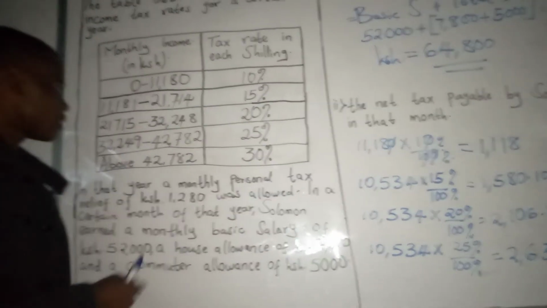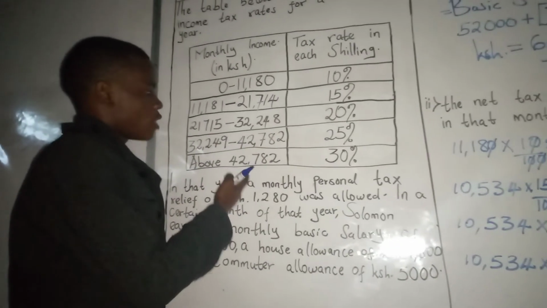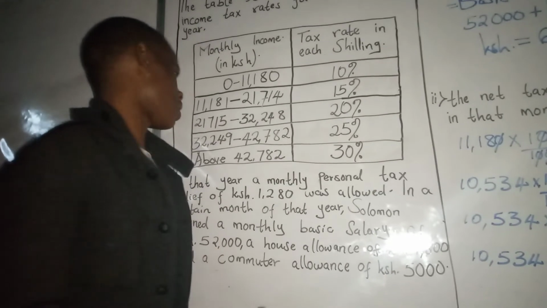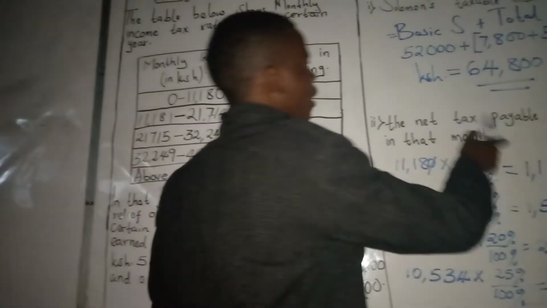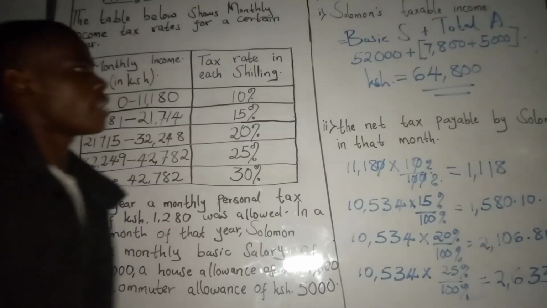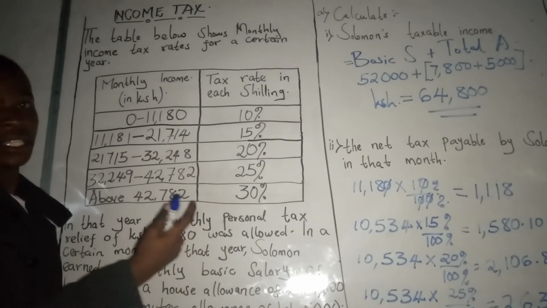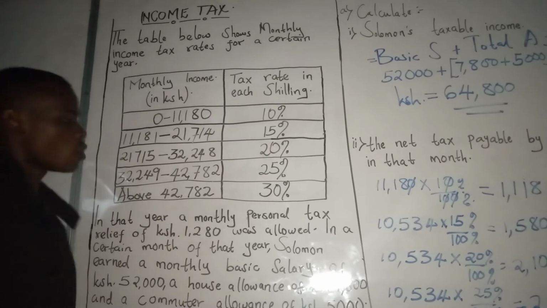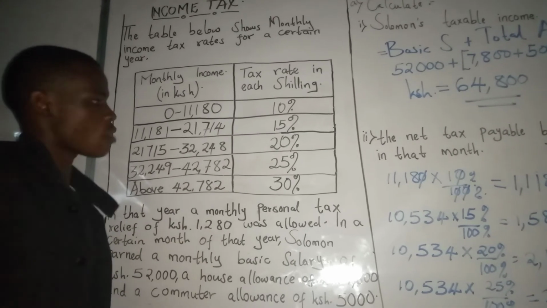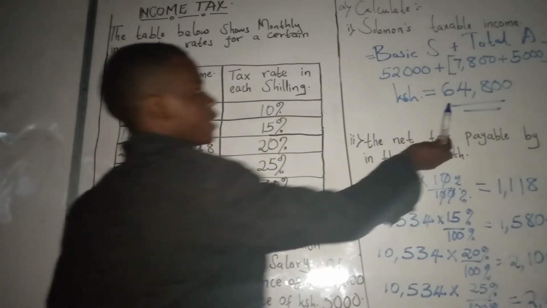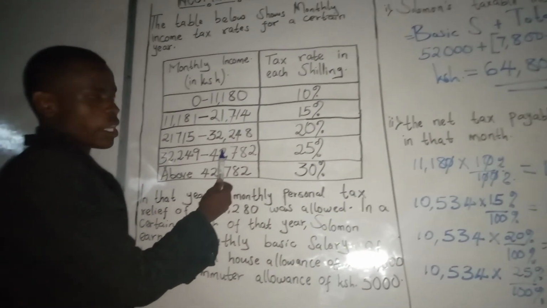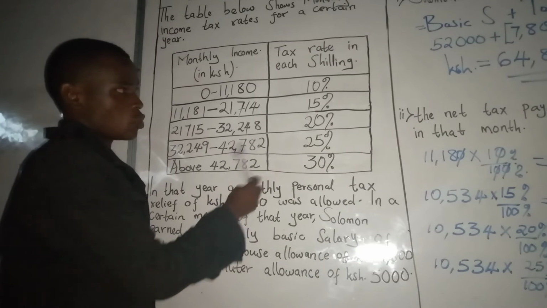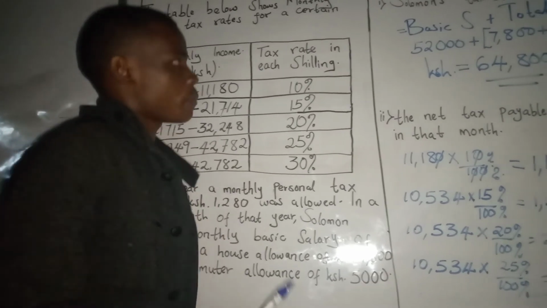So until we reach to our taxable income. So the next part is above 42,782. Our taxable income here is 64,800, so 64,800 is above 42,782. So we are going to take this taxable income and subtract it with 42,782. So I hope we are together.